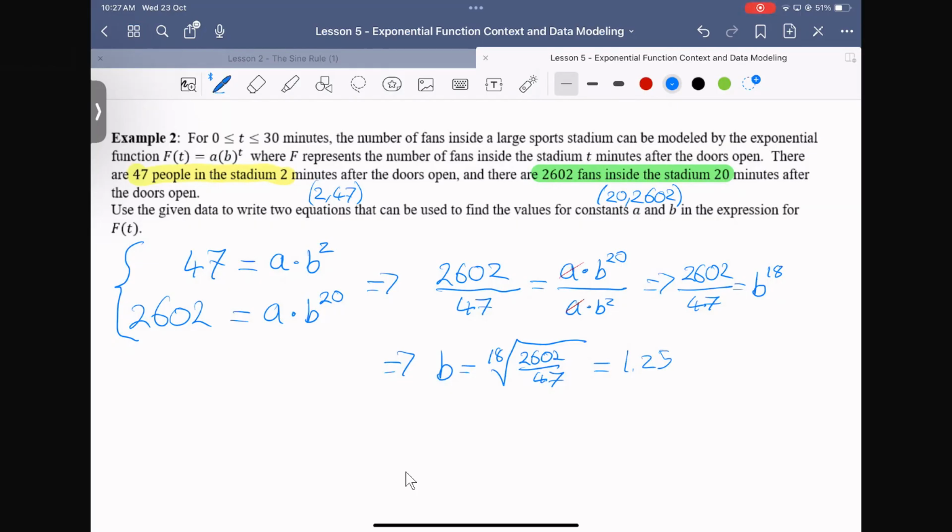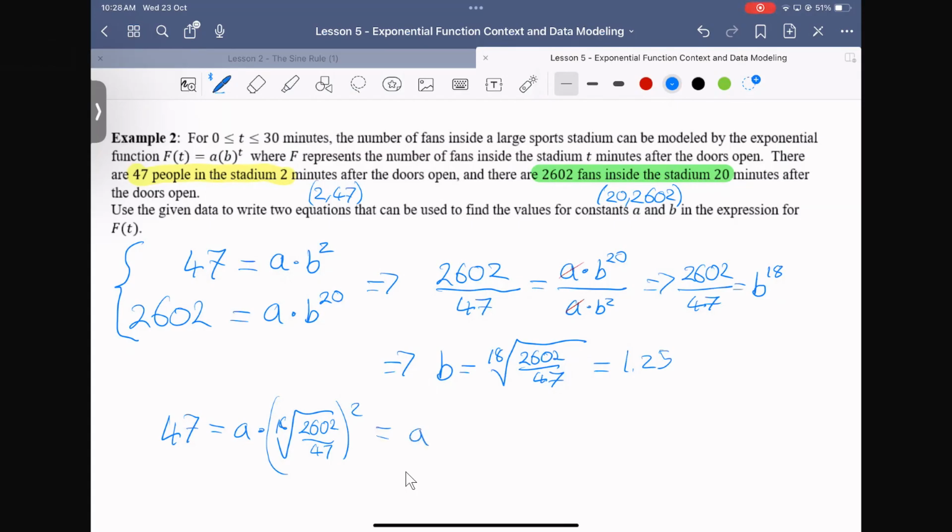That shouldn't be too hard, should it? We can use 47 equals A times, and we put in the exact value like that, squared. So let me just write that in an equivalent form.